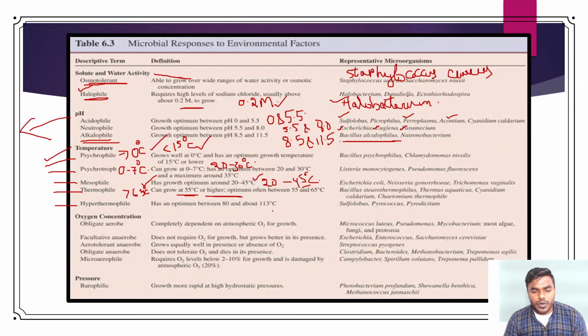But friends, if you look into the hyperthermophile, it can grow up to 113 degrees centigrade also. Friends, the hyperthermophiles can grow very easily. So remember, mesophiles are 20 to 45. Thermophiles are 55 and 65.